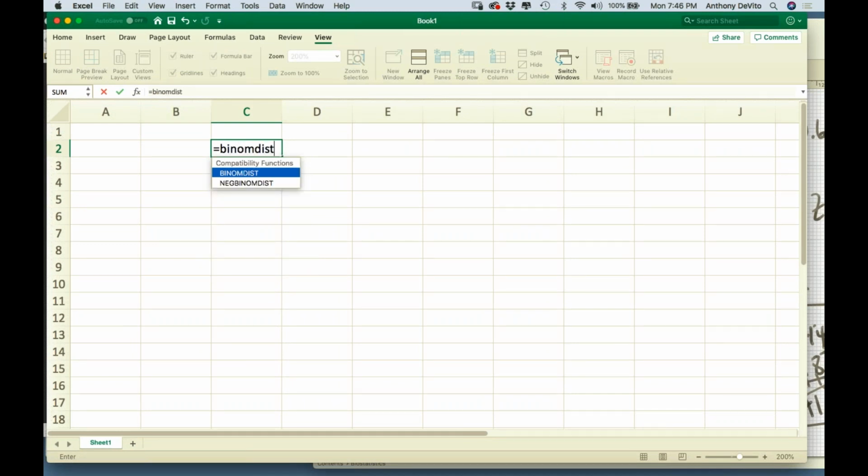Okay, and I'm going to type the open parenthesis now. And when I do, Excel gives you a hint on how to use this function. So BINOM.DIST first wants the number of successes, comma, the number of trials, comma, the probability of success for any individual, comma, and then something called cumulative.